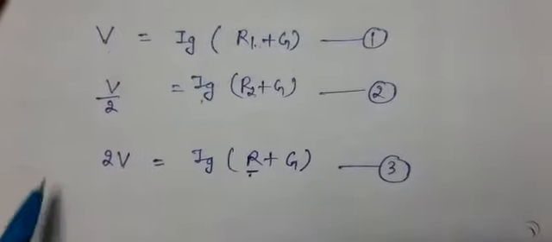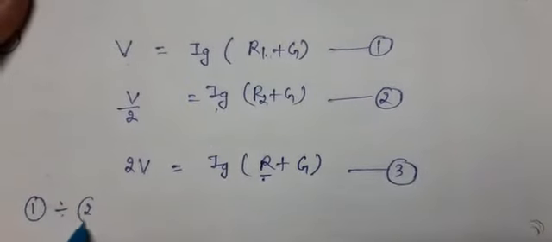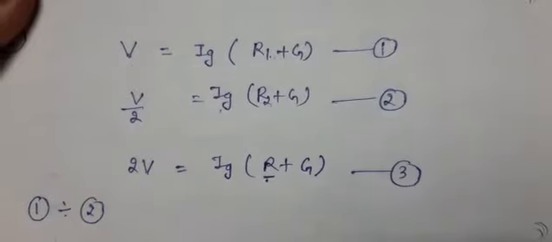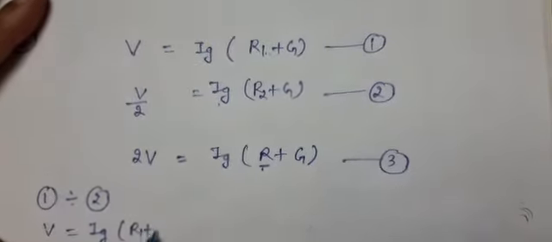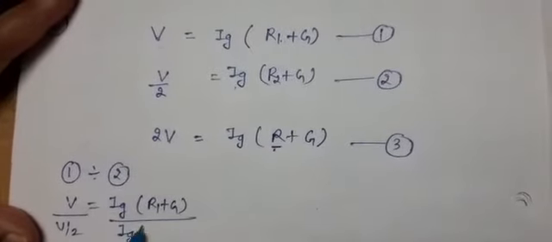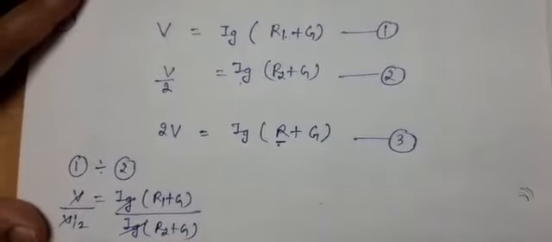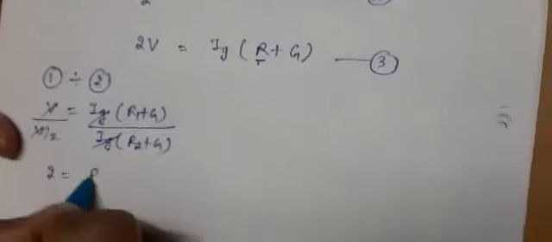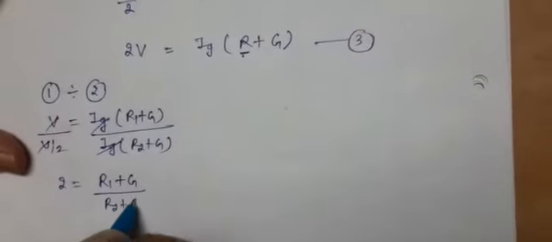So what should we do? From first and second, let us divide first by second. On division, we get V = Ig(R1 + G), divided by V by 2 = Ig(R2 + G). The common factor will cancel out. We will get 2 = (R1 + G)/(R2 + G).